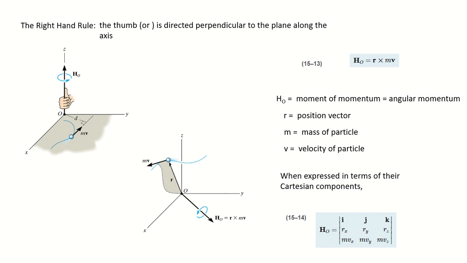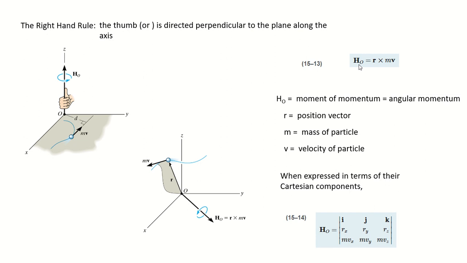And that is your right hand rule. So what does the right hand rule do? It shows you the direction of your angular momentum. The angular momentum of that particle is right up on the z-axis.